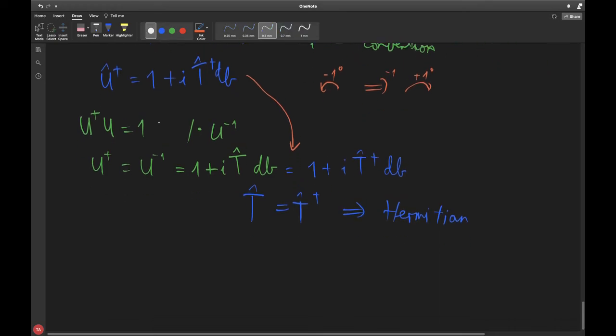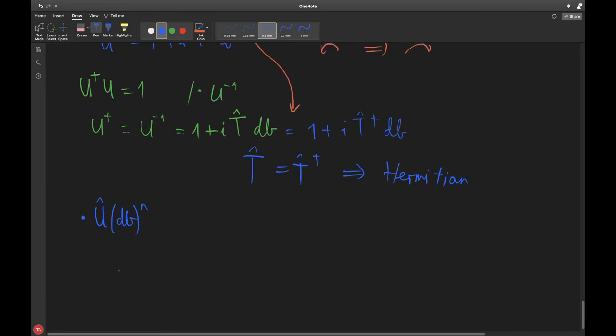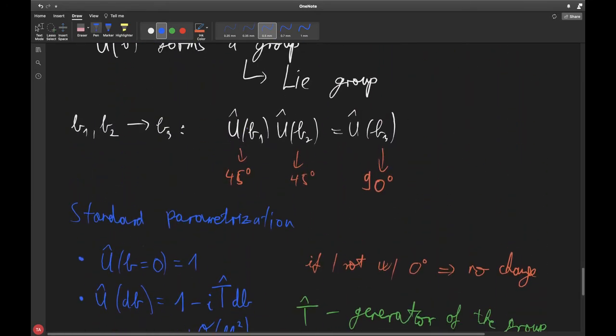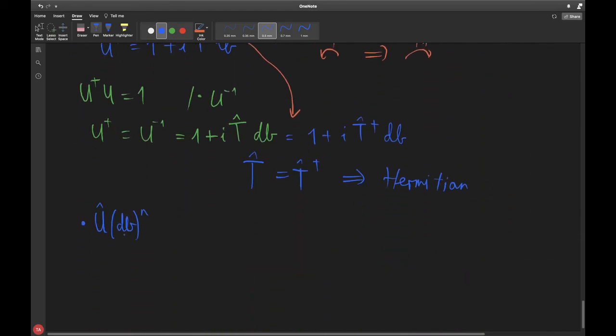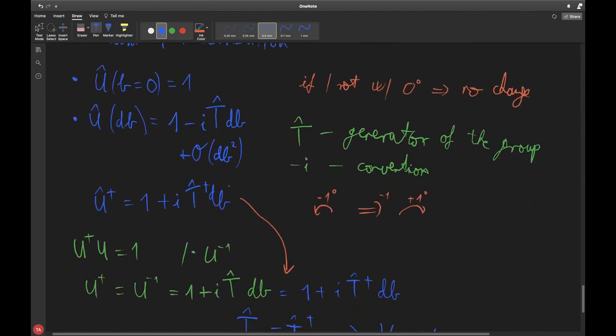Okay, so next thing to do is, why don't we do these small steps n times? So if I have U dB to the power of n, that just means multiplying U dB with U dB with U dB, n times. And this is still going to be a group, because of what we discussed earlier from this property, that this is a lot of multiplications with the power, and that's going to be again just a member of the group.